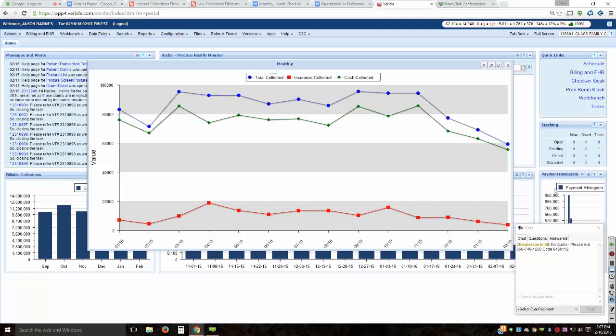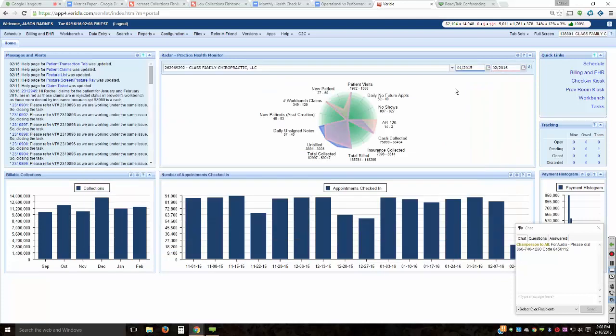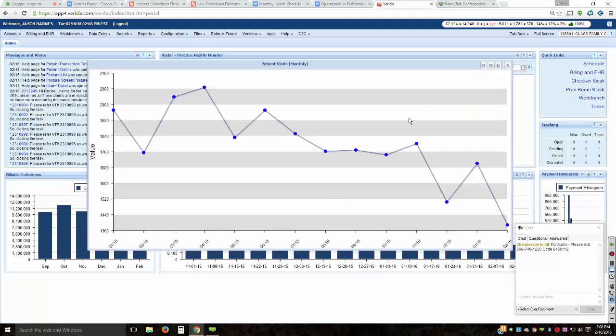It's pretty typical for the end of a year where you're having fewer and fewer visits due to the holidays, and then the beginning of the year where you see deductibles kick in. However, if you were to contrast that over patient visits, this is the same exact time frame, you would know that visits dictate your collections.